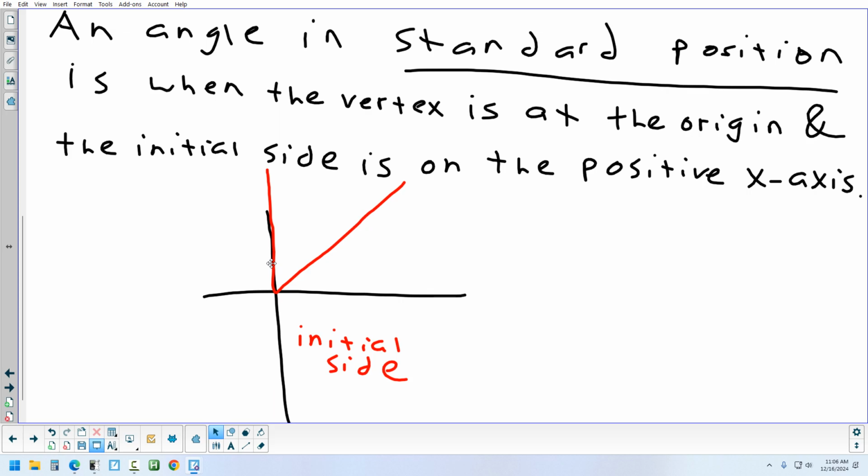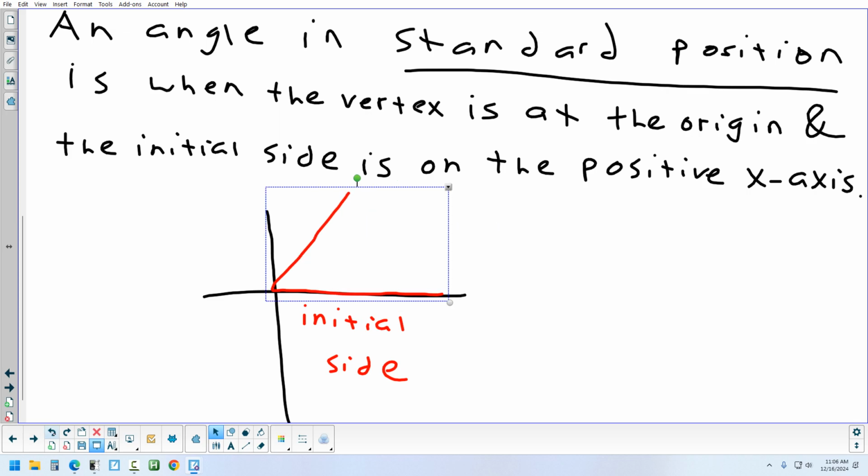What isn't on the positive x-axis? Right. The initial side is not on the positive x-axis. Okay. Vertex is at the origin, but the initial side isn't in the right spot. So standard position has to be exactly like that. Any questions on that?